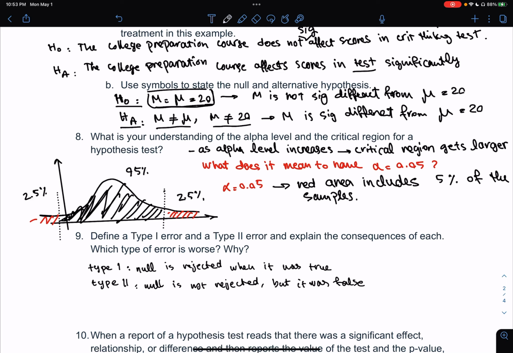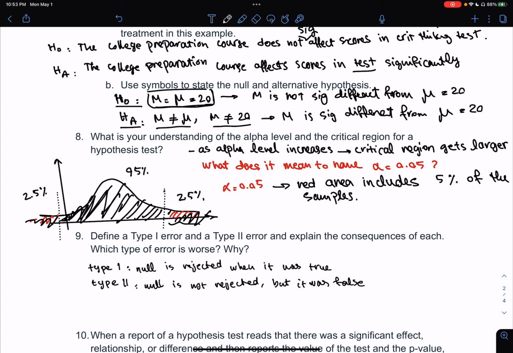So these two areas only consider 5% of the whole data or the samples.